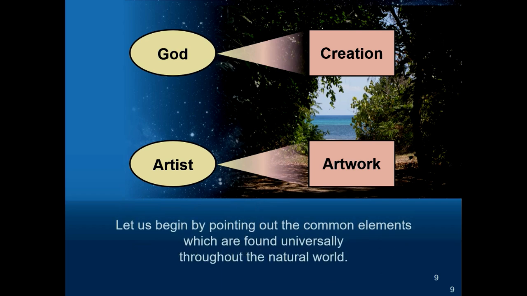Let us begin by pointing out the common elements which are found universally throughout the natural world. Let's take, for example, a painter, an artist who is a painter. There are many different painters, but when we look at their paintings, even though these painters lived hundreds of years ago and already passed away, their artwork still exists, and when we look at those paintings, we can see the artist's character reflected in them.